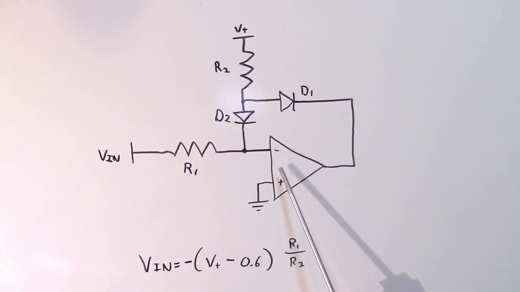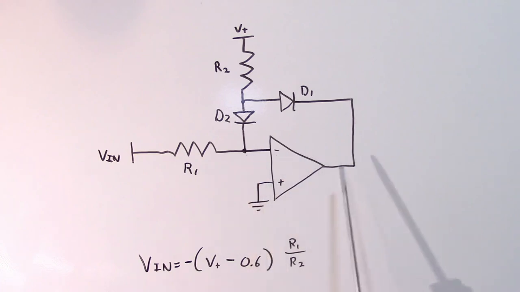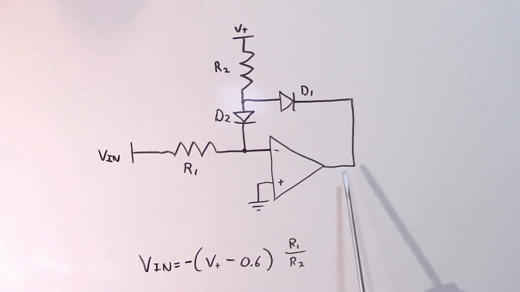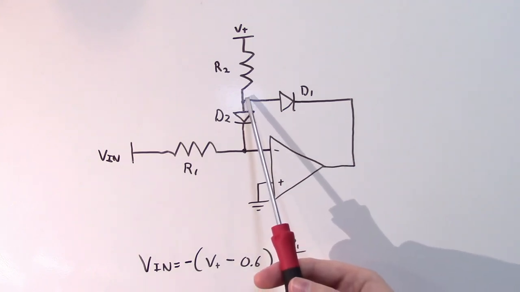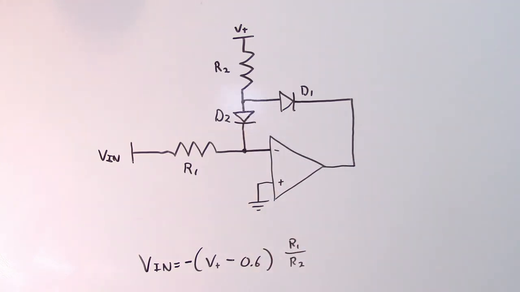And this is an inverting op amp configuration, so once it sees a positive voltage here, it's going to start driving its output negative.